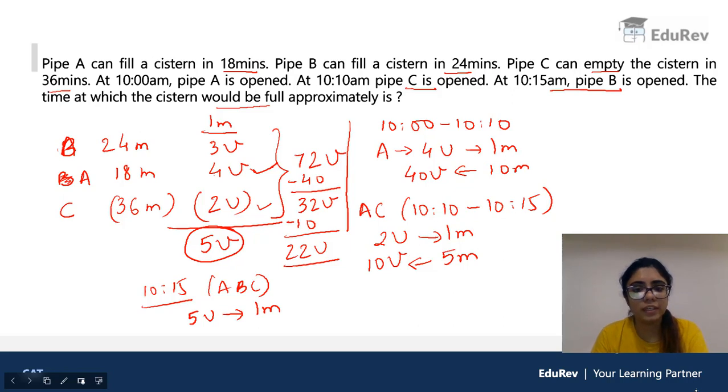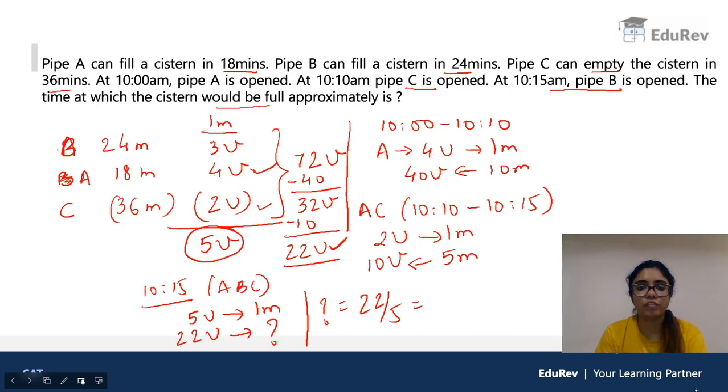How many units are remaining? 22 units are remaining. So 22 units will take how much time? So that will take 22 by 5, or you can write this as 4 5s is 20. You have 2 extra. So these many minutes.